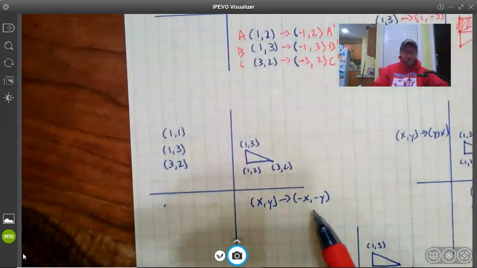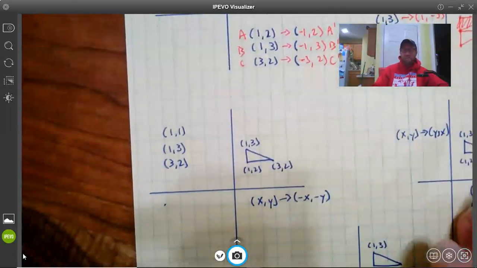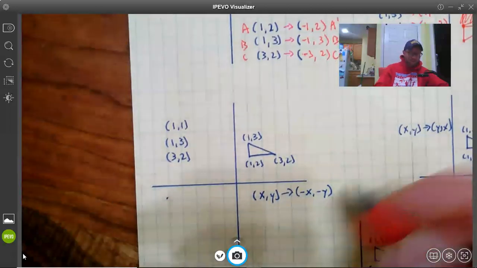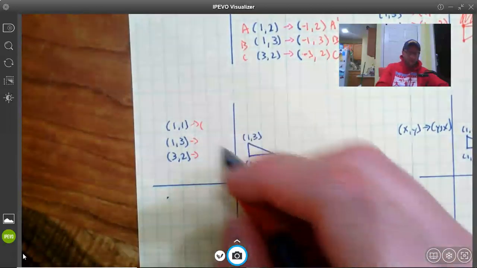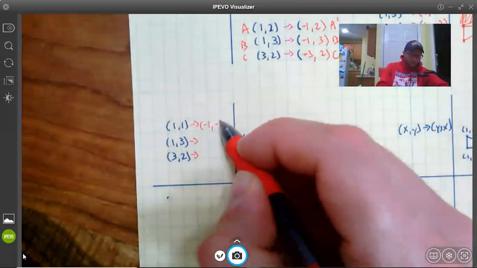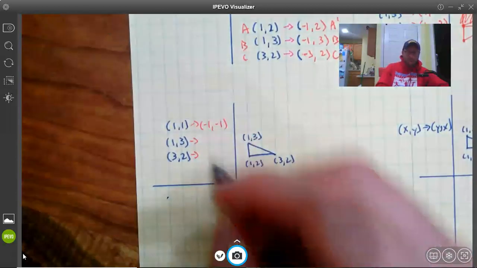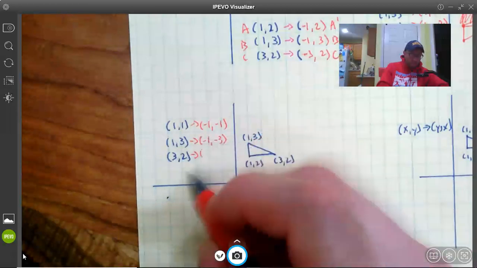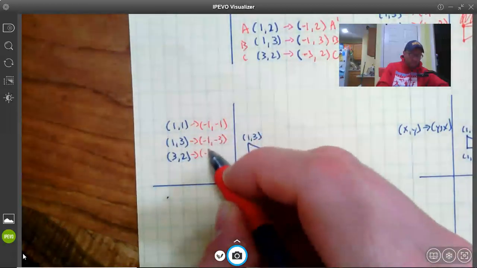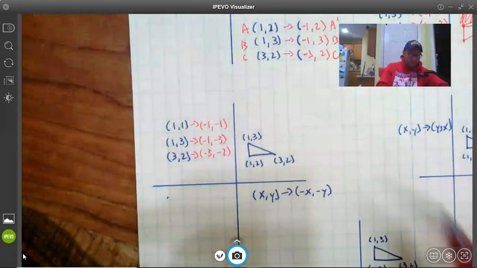There you go. Next up, let's see, this time we're going to change both signs. Let's see what happens. So (1, 1) becomes (-1, -1). (1, 3) becomes (-1, -3). And (3, 2) becomes (-3, -2).